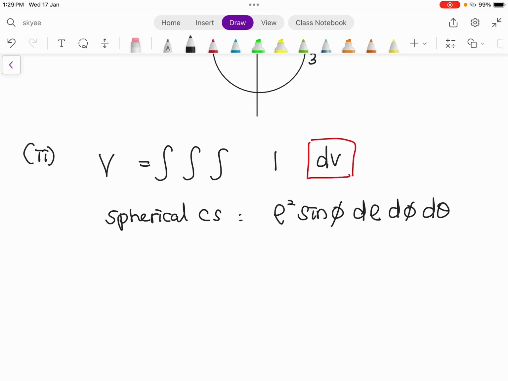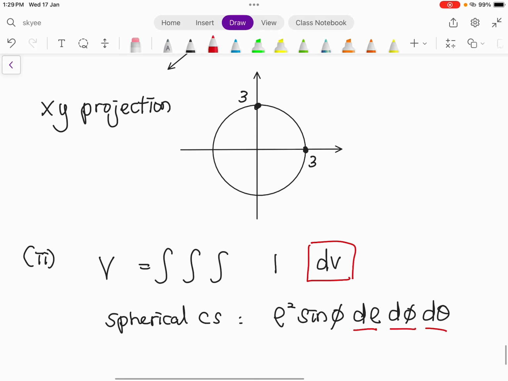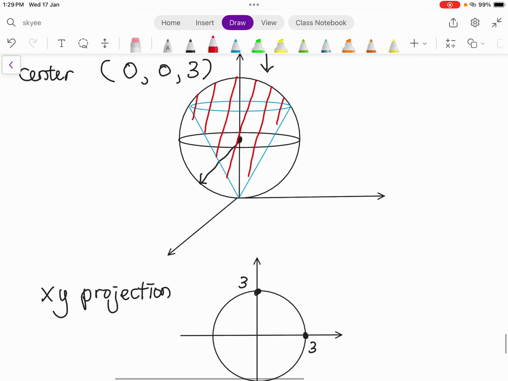Now we need to define the limits for d rho, d phi and d theta. We look at the structure. Rho is the value from here until here. All the points here have different rho values, depending on the angles.